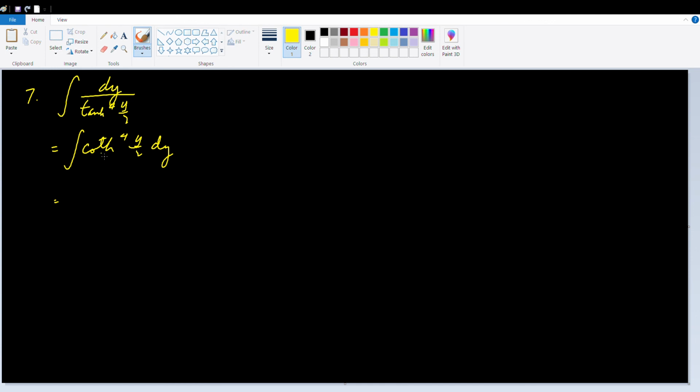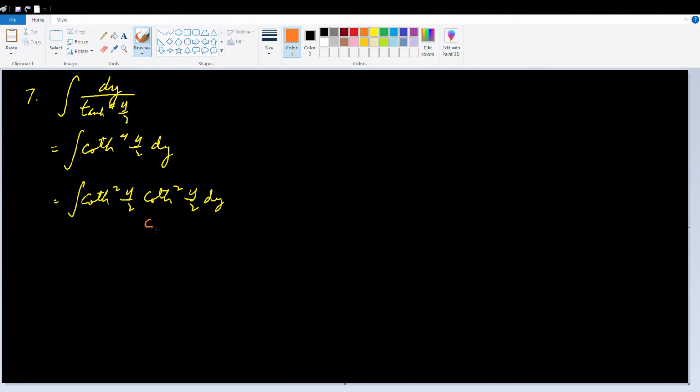This falls under case 1 for powers of tangent, cotangent, secant, and cosecant. So we shall write this as hyperbolic cotangent squared y over 2 times hyperbolic cotangent squared y over 2 dy. And we will introduce the identity here for hyperbolic cotangent.